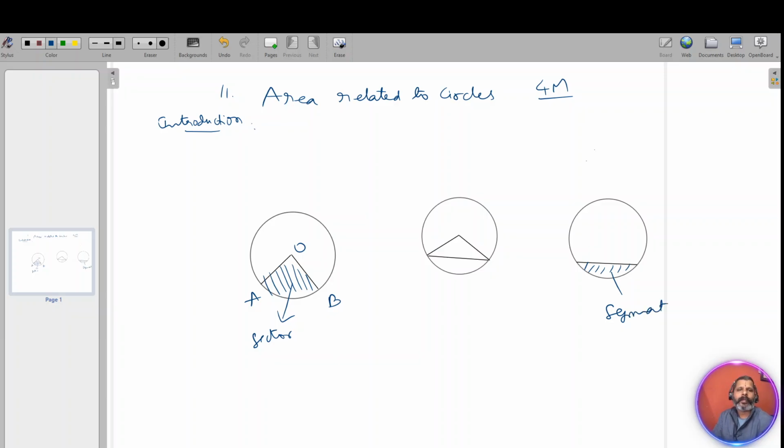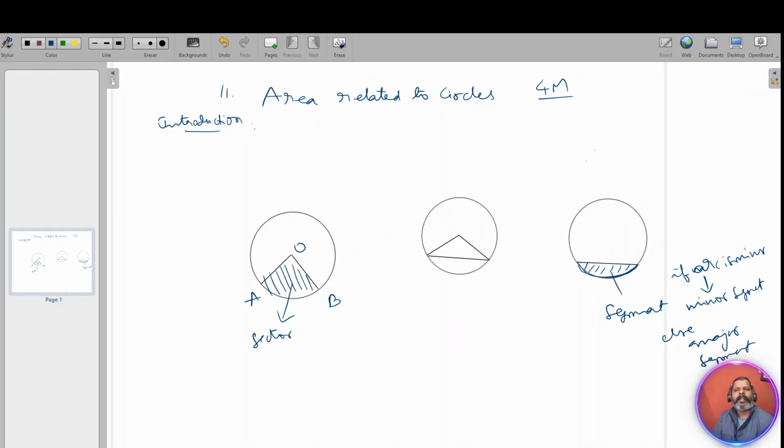If arc is minor, minor means it is small in size, the other part will be bigger one. So if arc is minor, segment becomes minor segment. If arc is major, it becomes major segment.